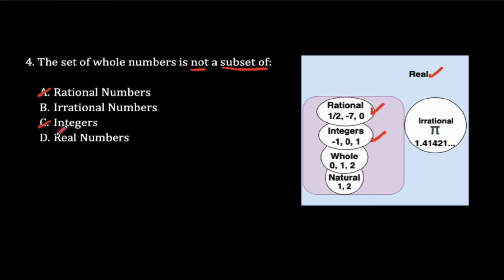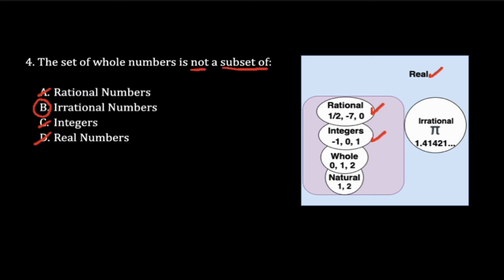And we know that whole numbers are a subset of real numbers, so let's eliminate choice D. That means the only answer left here is irrational numbers. And that is the case, right? Because as you can see here, we have irrational numbers over here, and whole numbers is definitely not a subset of irrational numbers.